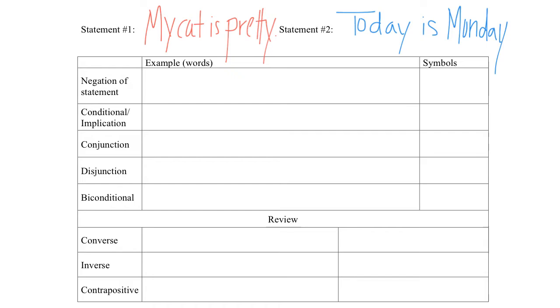So the first one, let's just look at what it means to have the negation of a statement. So for the first one, if we negated it, it would be my cat is not pretty. And the second one, if we negated that, would just say today is not Monday.